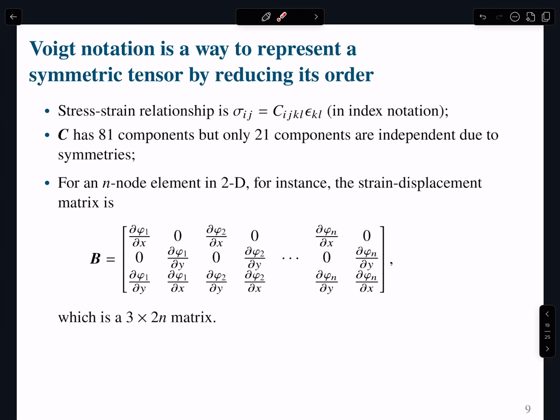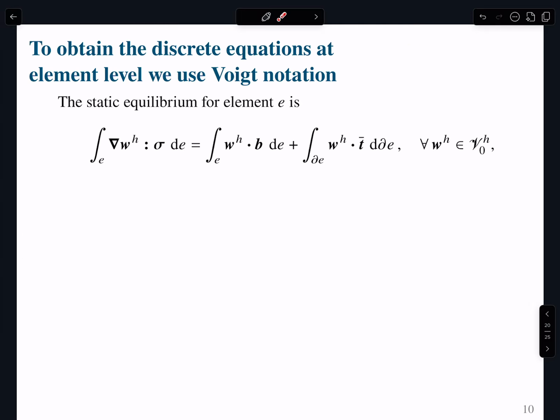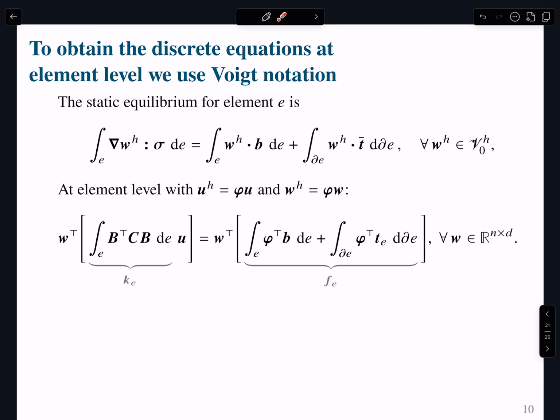That helps us basically taking care of this transformation. All right? Okay, so in Voigt notation, these things get much simpler now because we're no longer dealing with 4-dimensional constitutive tensors. Now our constitutive tensor is going to become a 2-dimensional rank tensor.